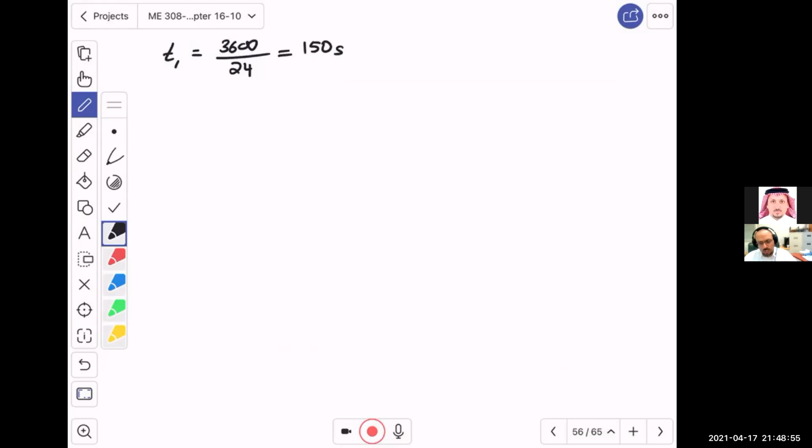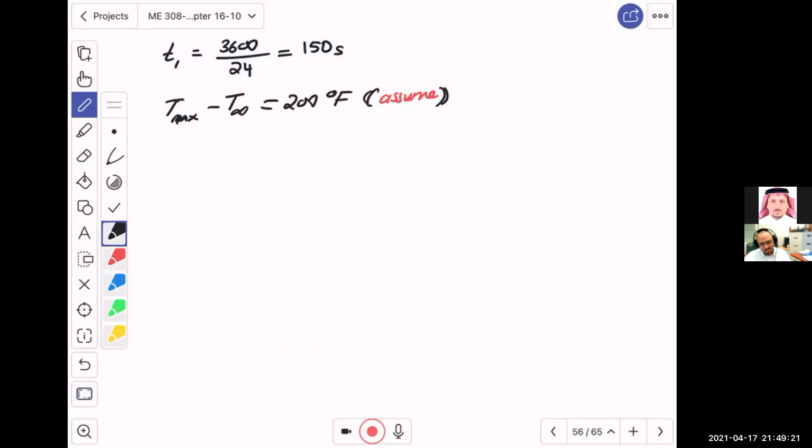So what are we going to do? We are going to start by assuming that T max minus T infinity is equal to 200 degrees Fahrenheit. This is an assumption. Very important. Why?